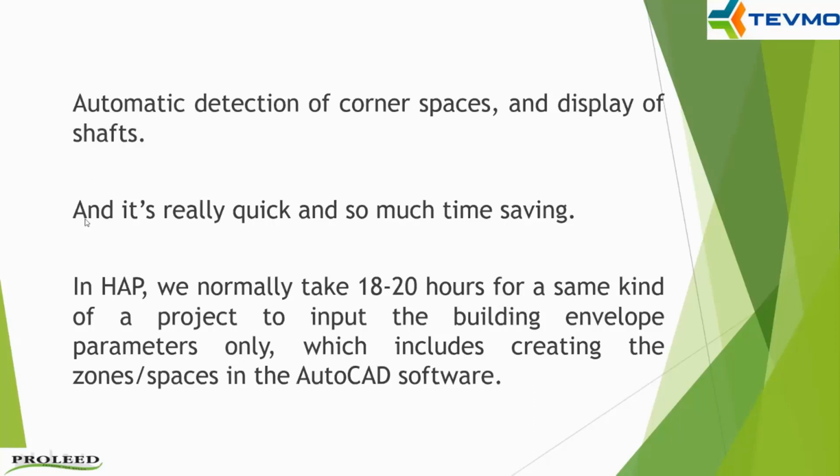Again, we may have to manually delete those balcony spaces, but it's very few, maybe one or two balcony. I found one or two balcony spaces were considered as a space, which I manually deleted from the space option given in the Revit in the plugin software. So that the TEVMO team has to work on that.